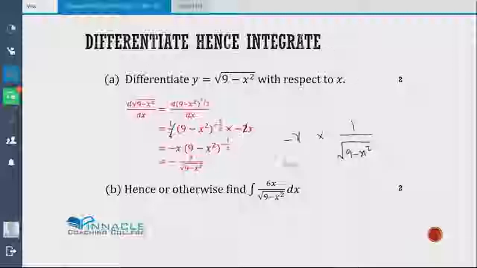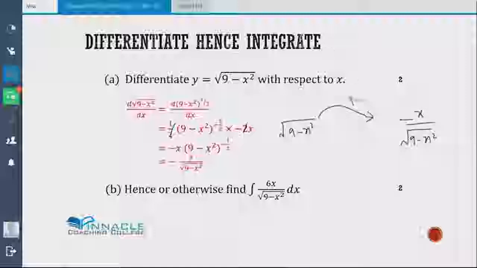All right, if you recall the logic on these types of questions, if I have 9 minus x squared, and I know the derivative gives me minus x on square root 9 minus x squared, then ideally if you have that in your integral, you'll be able to take it back.